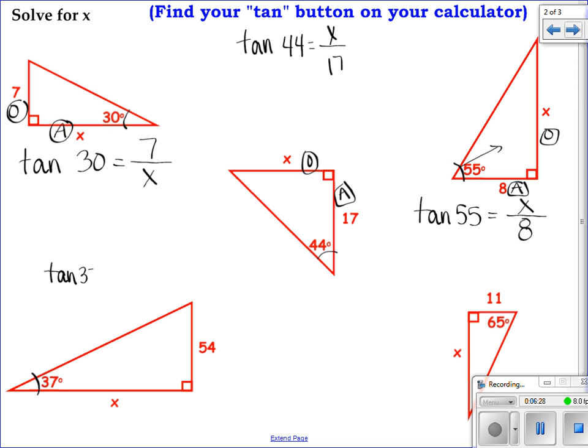Tan 37. And we want to do the opposite side over adjacent. And the last one. Here's our angle. We've got tan of the angle, and then we want to do opposite over adjacent.